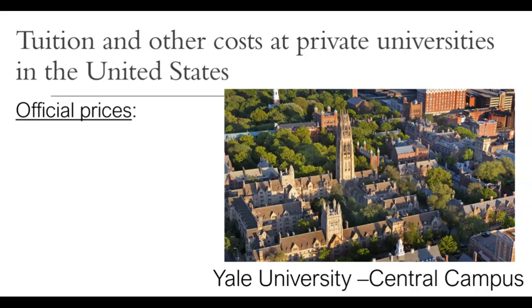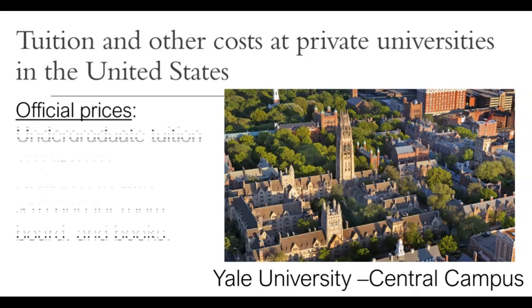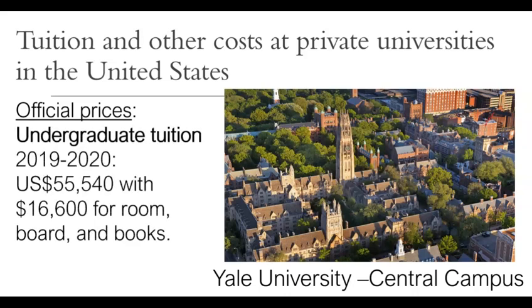If you go to their website, you will see that the official tuition prices this year are $55,540 US. And if you were going to be a student there and you were going to live in residence, it would cost you another $16,600 for room and board and for the books that you would require for your courses. So in other words, a total of $72,140 would be the official price.